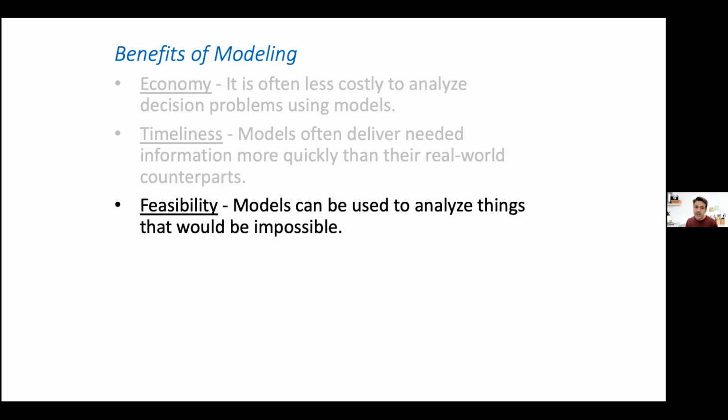So this explains the feasibility. We can analyze things that are not possible in the real world, or even things that are not possible at all, if we use modeling. So they're cheaper, they're faster, and feasibility means that with modeling, we can do things that are not possible.